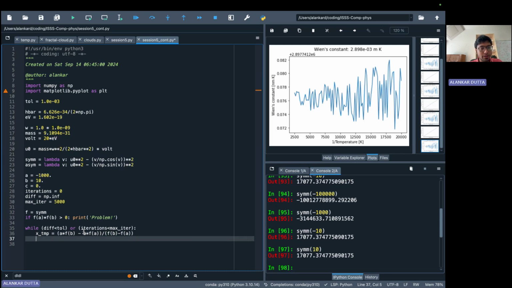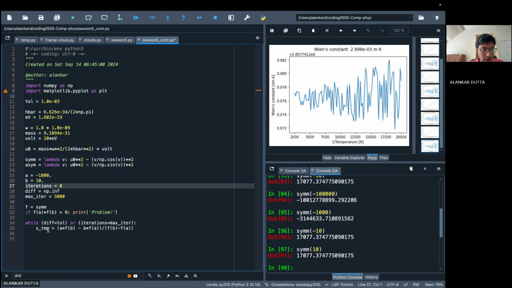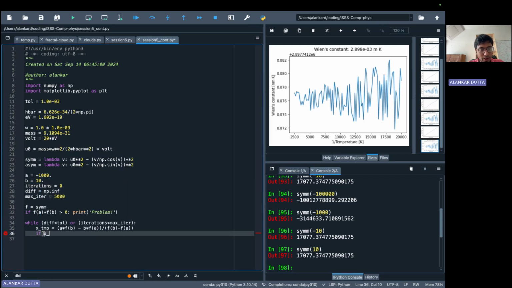Now we are going to compare the value of the function at this point. And I think we do not even need C in here. And now we are going to compare F at xtmp.